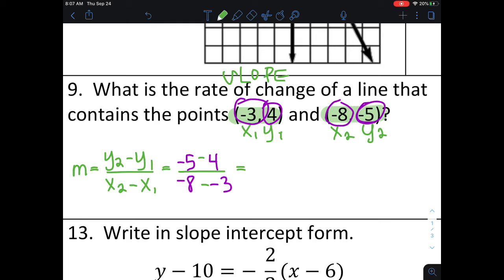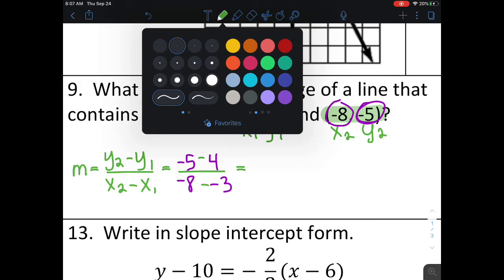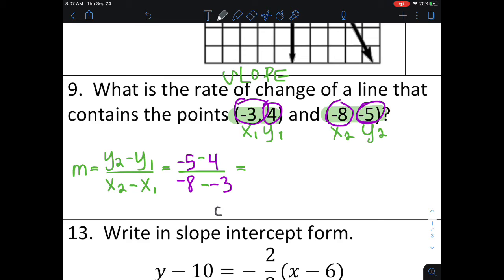All right, let's clean this up some. -5 minus 4. In your calculator, you're going to have -5 minus 4, and then that'll give you -9. And then for the bottom part, that's going to be plus positive, right?